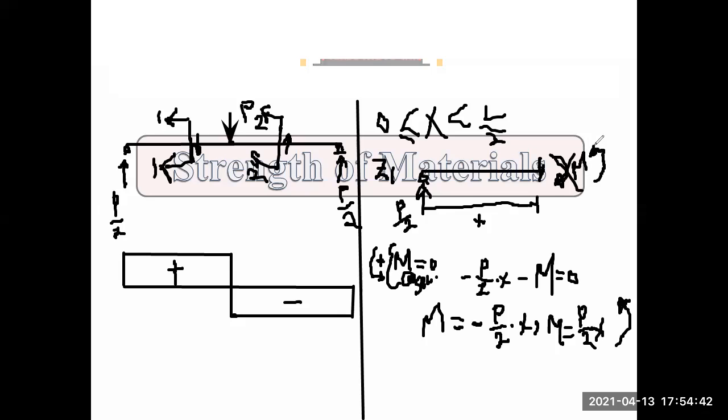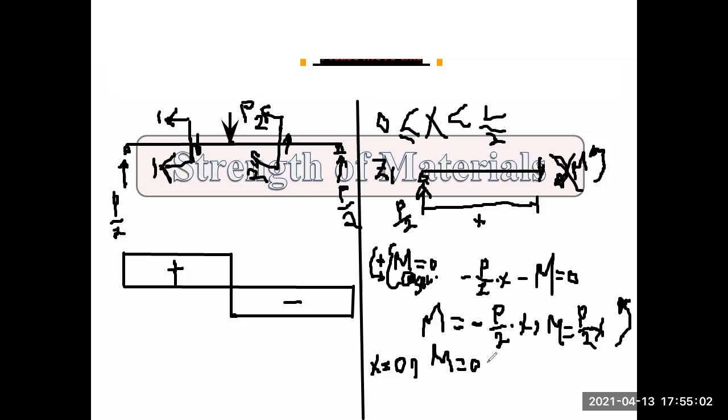When X is equal to 0, if I plug in 0 instead of X, I get P over 2 times 0, so that makes my moment equal to 0.